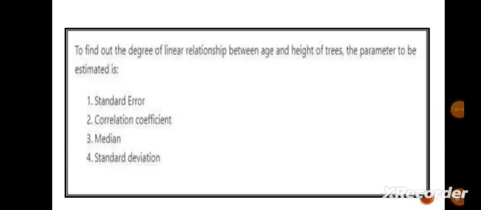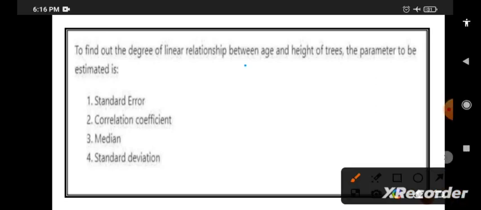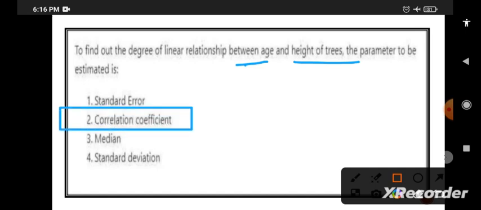The last question is, to find out the degree of linear relationship between age and height of a tree, the parameter to be estimated is. So here the correct option will be option second, that is correlation coefficient, which tells the relationship between any two variables.